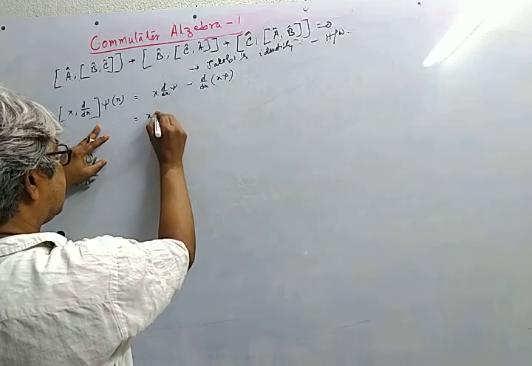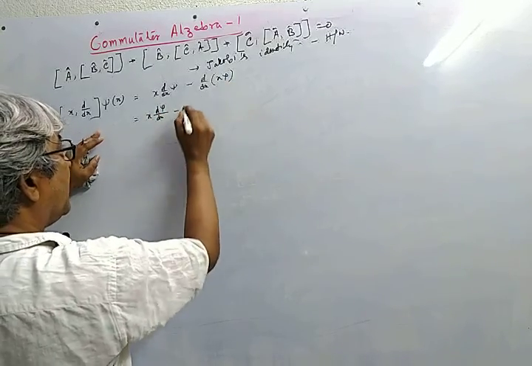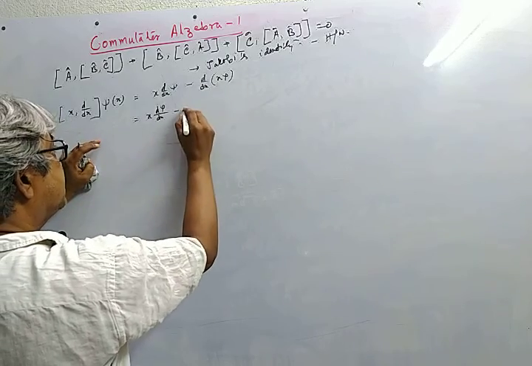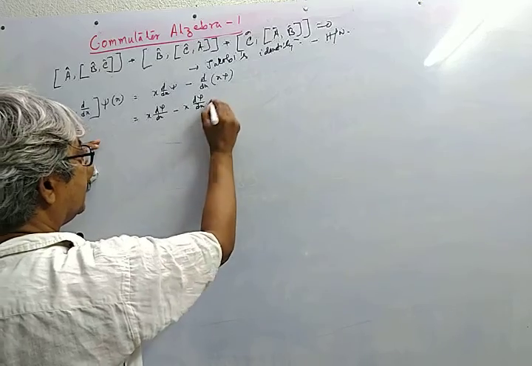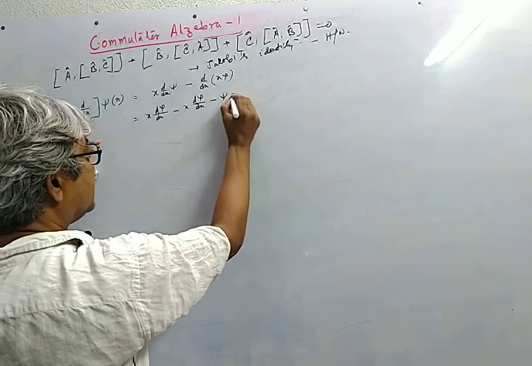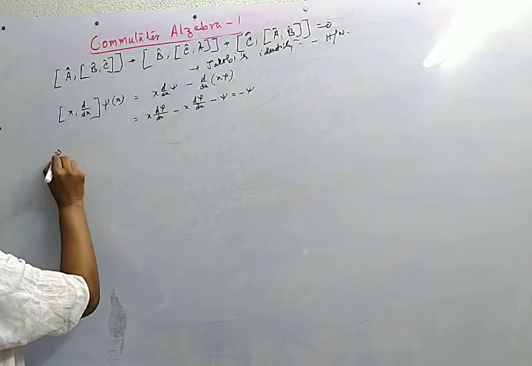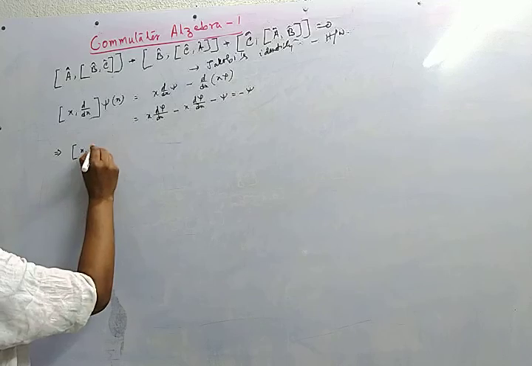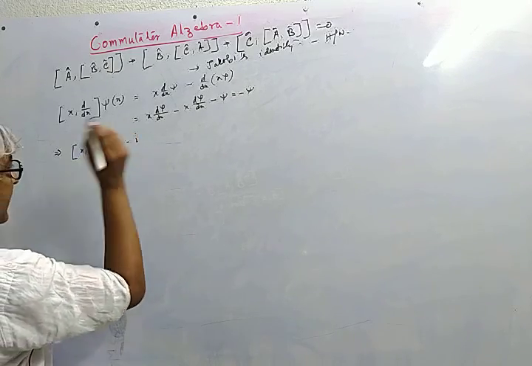So this is x dpsi/dx, and there will be two terms. One is x dpsi/dx, another one is simply minus psi. So these two go and this is minus psi. So we conclude that the commutator of x and d/dx is equal to minus 1.